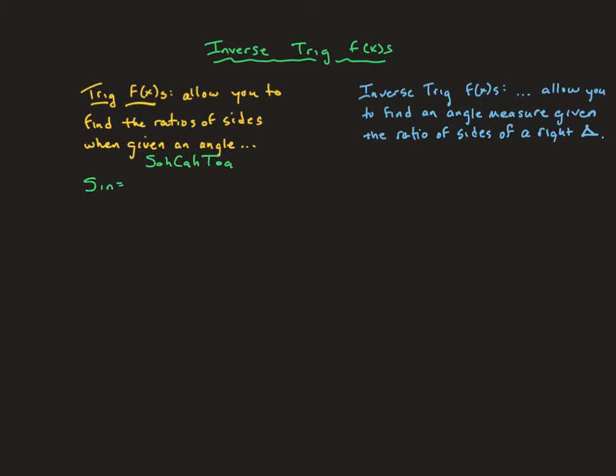We had sine is equal to the opposite over the hypotenuse, cosine is equal to the adjacent over the hypotenuse, and tangent is equal to the opposite over the adjacent. We were using these, given an angle, to find what the ratio was.